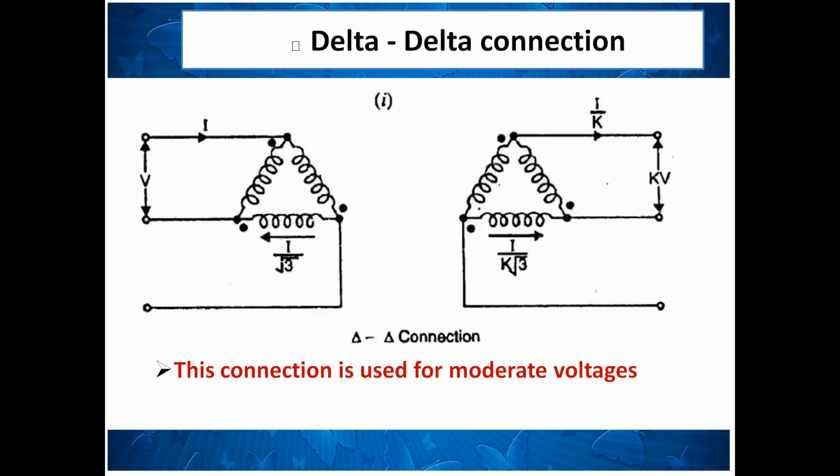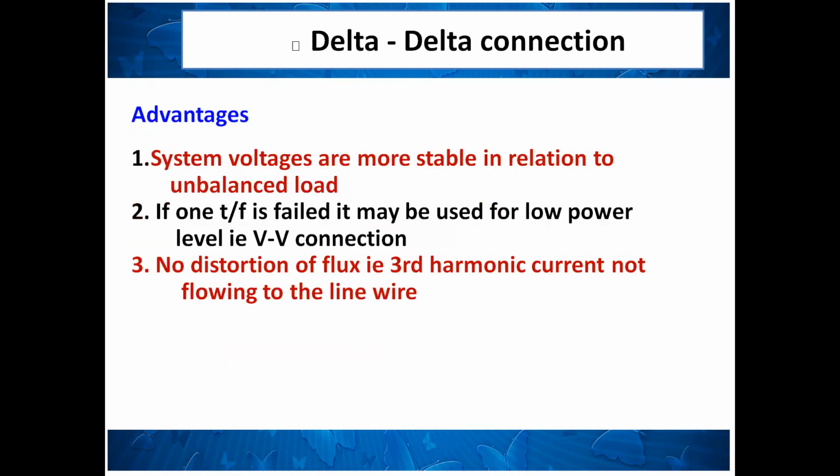Now come to the delta connection. They are used for moderate voltage. There are advantages in delta also. First, it is stable for unbalanced load. That's why on-board transformers are generally delta connected. Why? Because here we do not require a neutral, and this is suitable for unbalanced load.